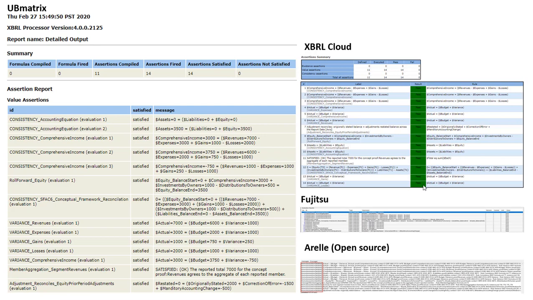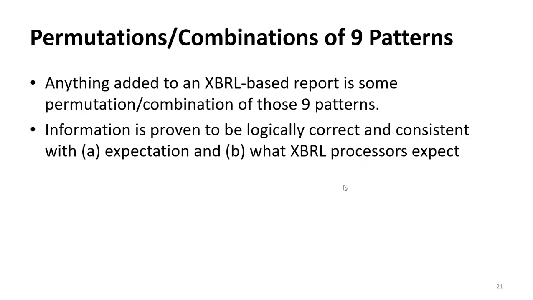So basically, I can prove that this report, everything fits together as expected, plus it has every concept arrangement pattern that you would ever find in a report. Basically, every fragment that is reported is some permutation or combination of those 9 patterns. Anything.